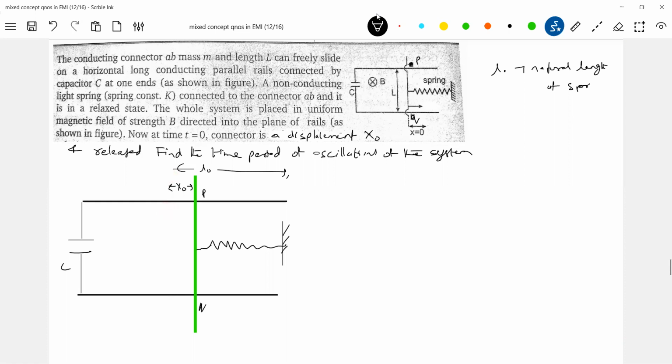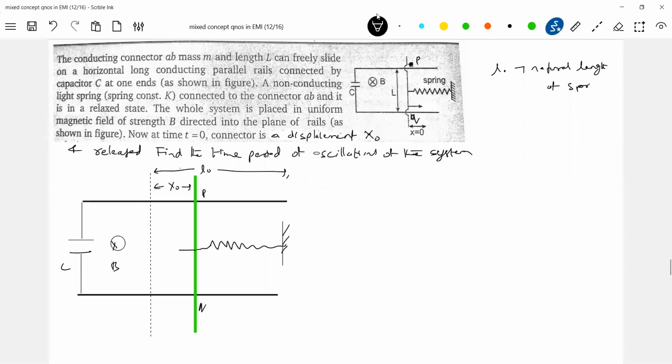It's asking us to calculate the time period of oscillation. You have to make a good observation here. Don't do it for half a cycle. In another half cycle, we don't know how the system will behave. When I release it, tell me what will happen.